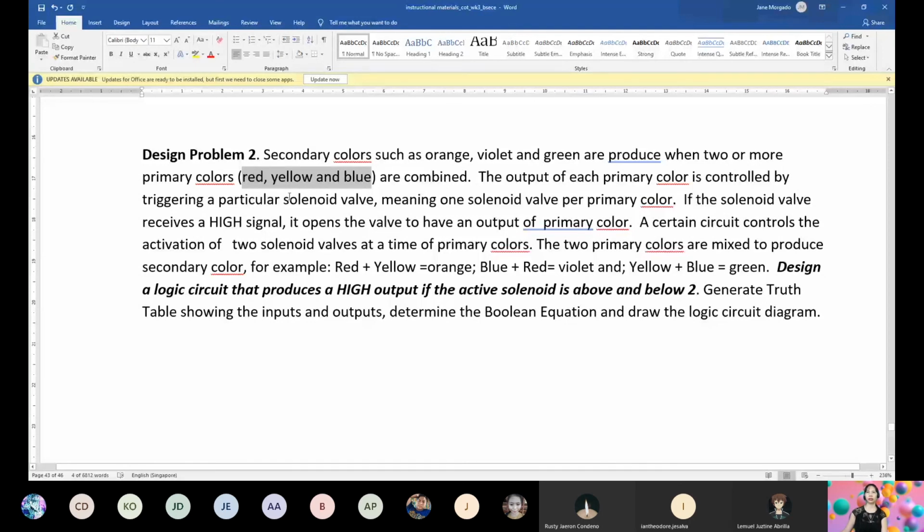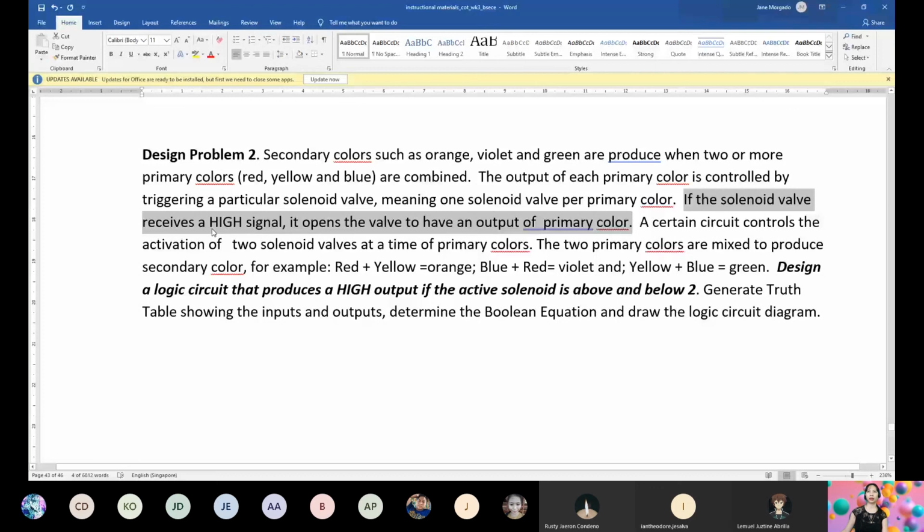Red, yellow, and blue. Okay, so we have 3 tanks. So therefore, 3 solenoid valves. Okay, ayan, tig-isa sila, di ba? So sabi natin kanina, if the solenoid valve receives a high signal, it opens the valve to have an output of primary color.